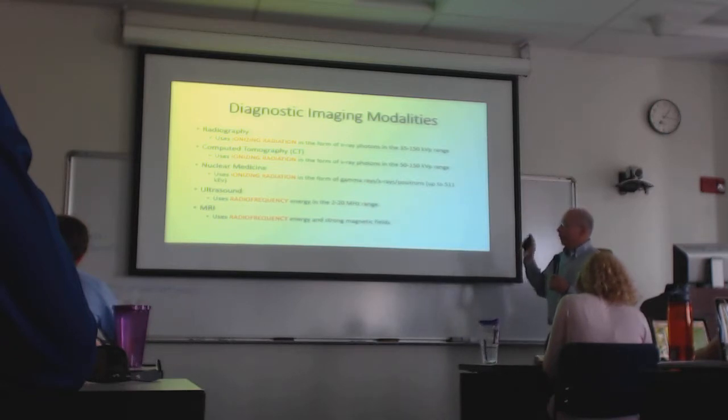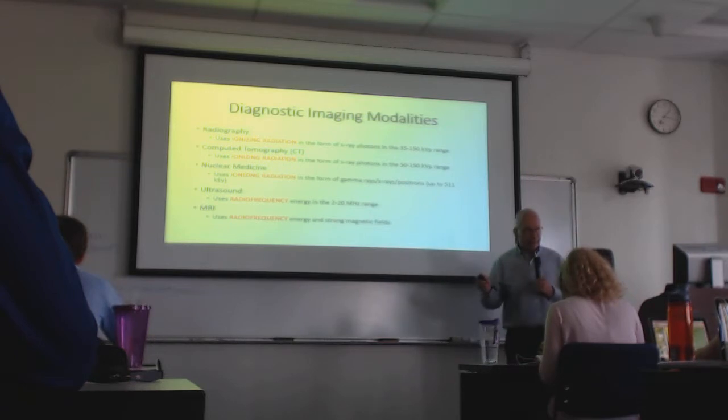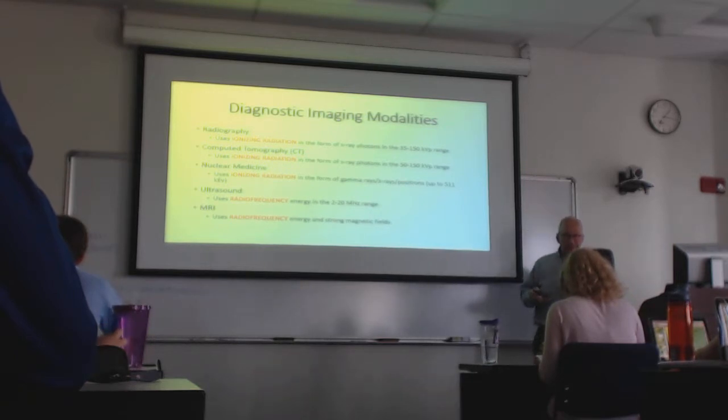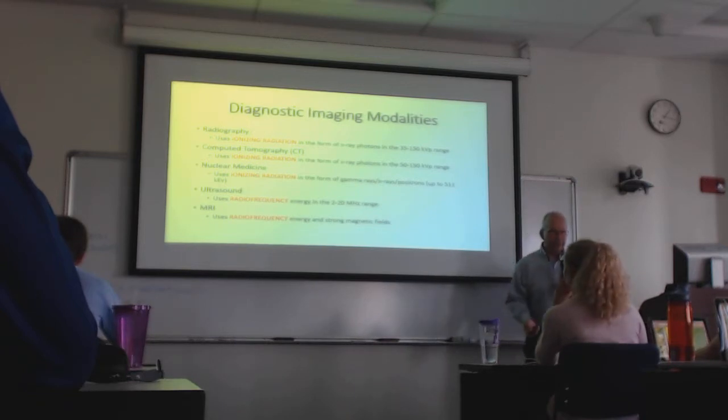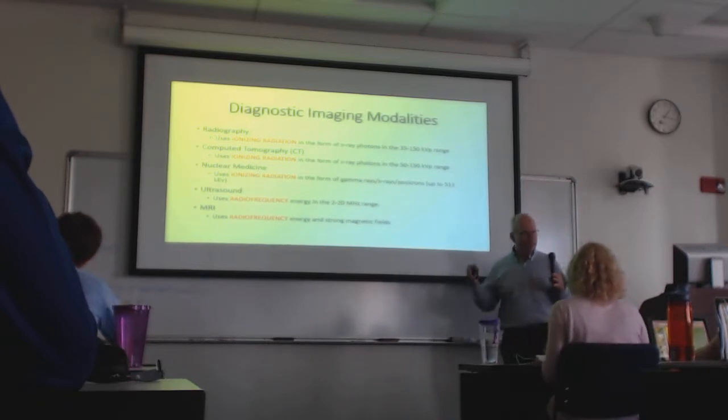So the other modality that uses ionizing radiation is nuclear medicine. Nuclear medicine generally is where the patient gets to either ingest or be injected with the radiation so that the radiation is actually inside the body coming out.